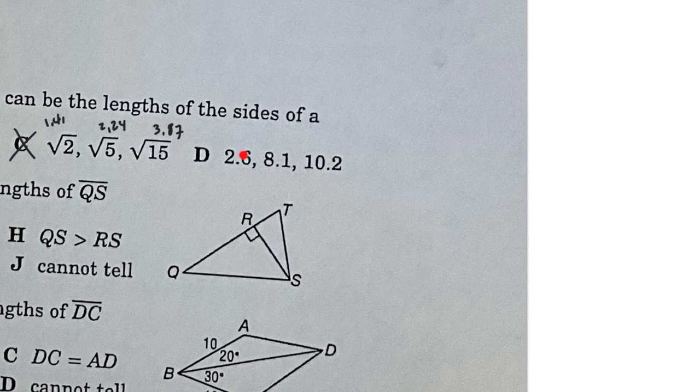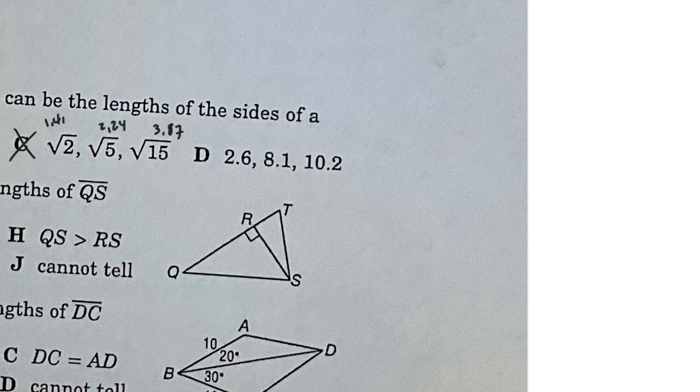Looking at this, is this less than the sum of these? Of course. Is this greater than the difference of these two? It is. The difference of these would be 2.1, I believe, and 2.6 is indeed greater. Looking at this one, is this one less than the sum of the other two? Yes. Is this thing greater than the difference of 10.2 and 2.6?